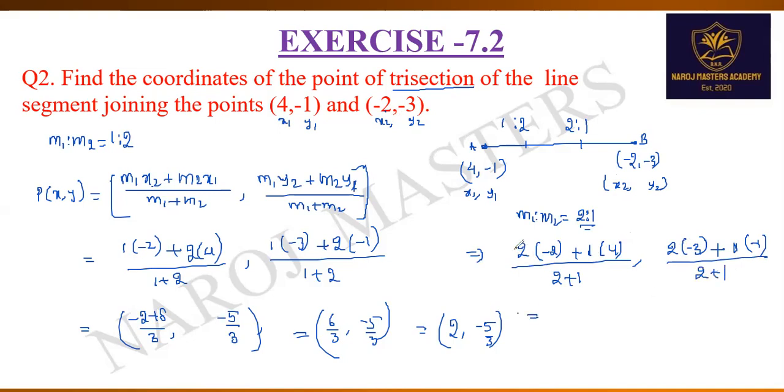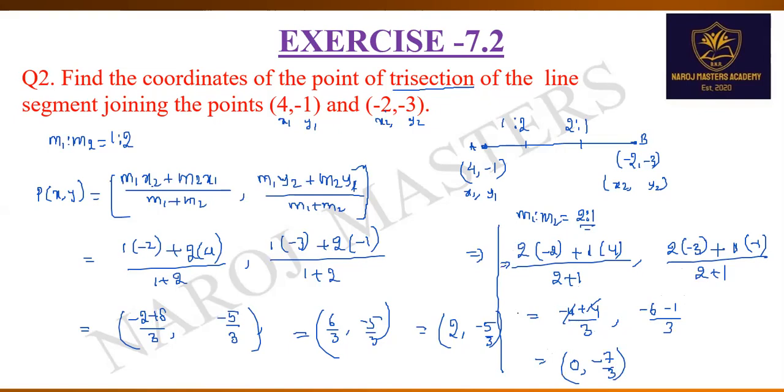So that is equal to 2 into minus 2, that is minus 4 plus 4 by 3, comma, 2 into minus 3 is minus 6 minus 1 by 3. So here minus 4 plus 4 gets cancelled. So this is 0 by 3, that is 0, comma, minus 7 by 3. So the coordinates are 0 comma minus 7 by 3.